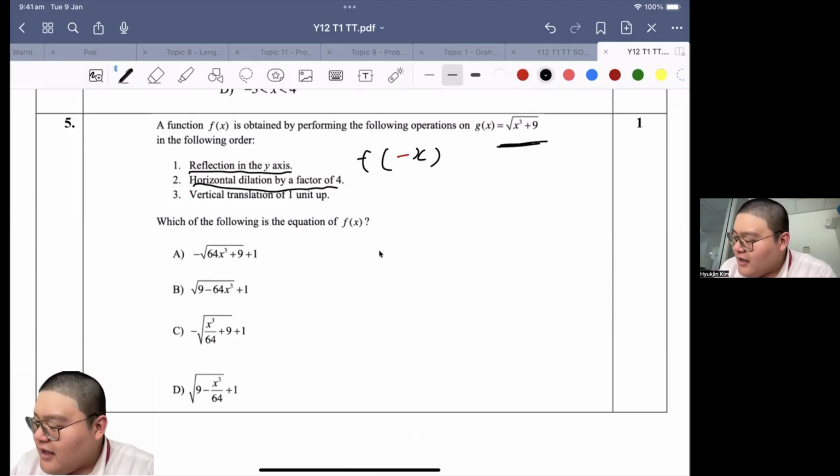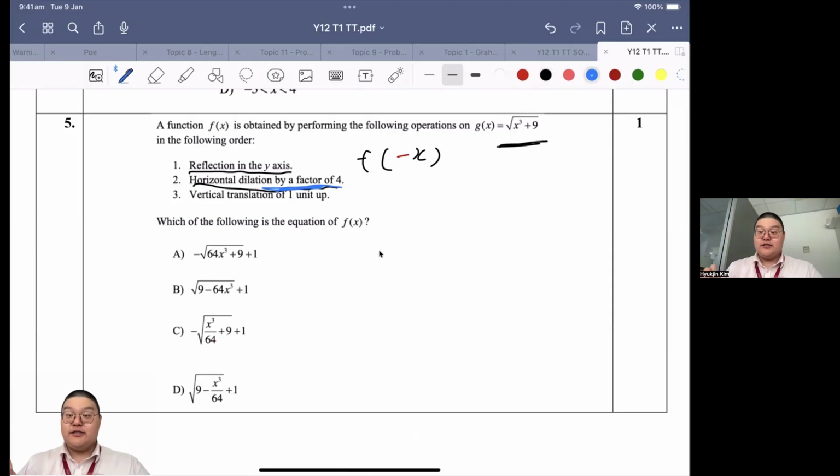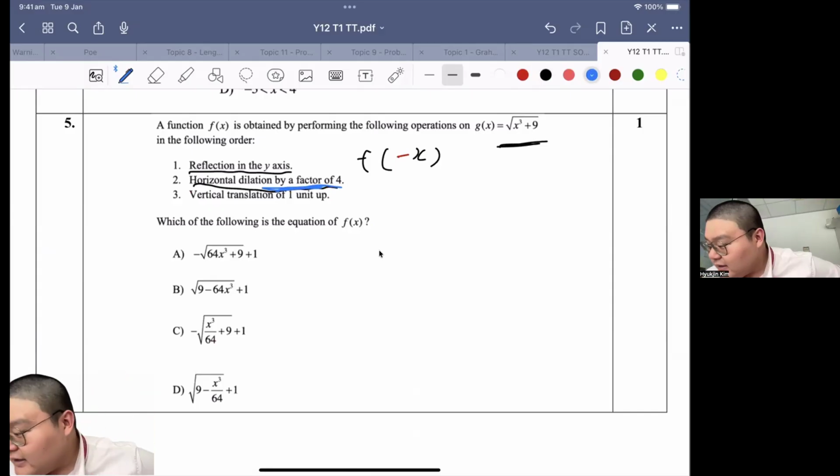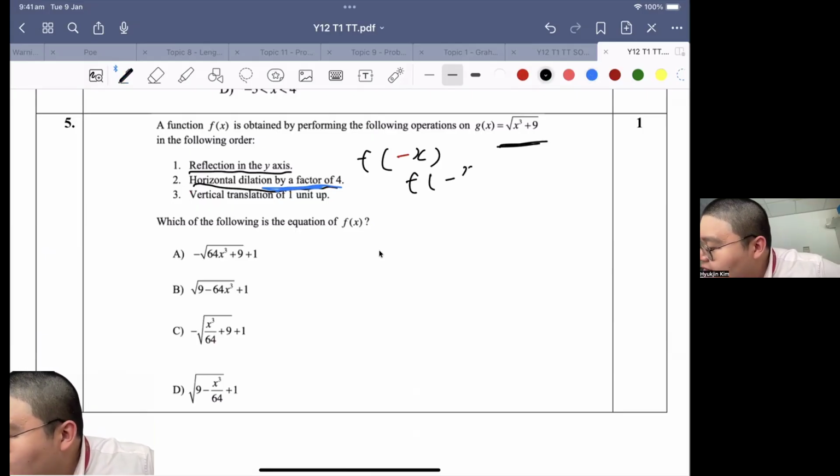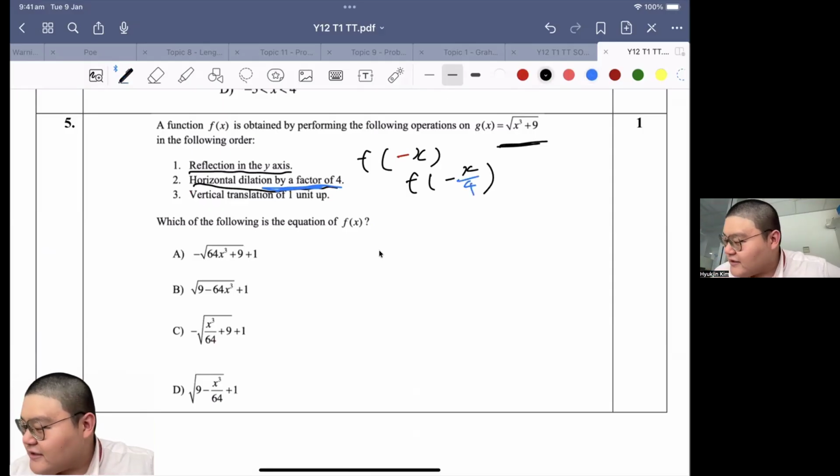Well, what did I say? If it's a horizontal dilation by a factor of 4, that means everything gets 4 times as wide. How do I make things wider? I need to divide the input by 4, right? So now I get f of negative x on 4. And then vertical translation 1 unit up.